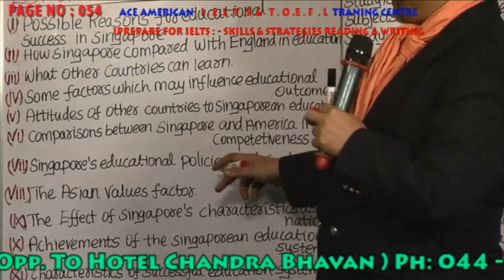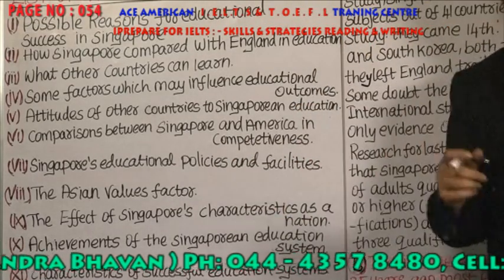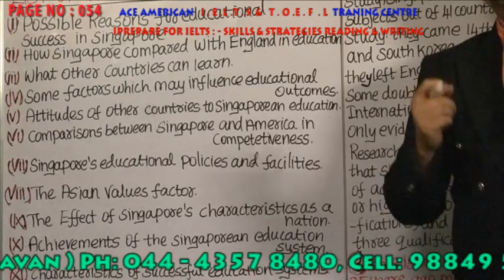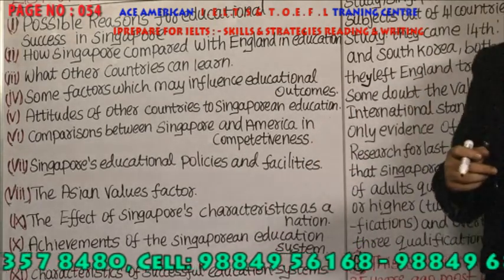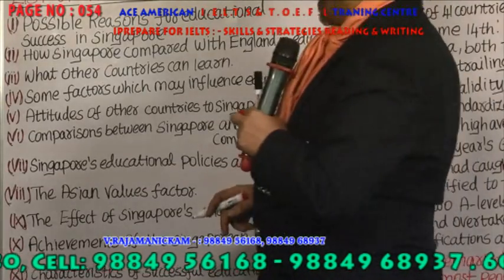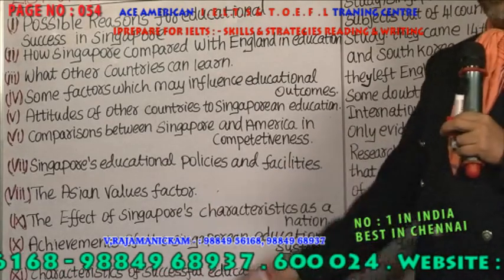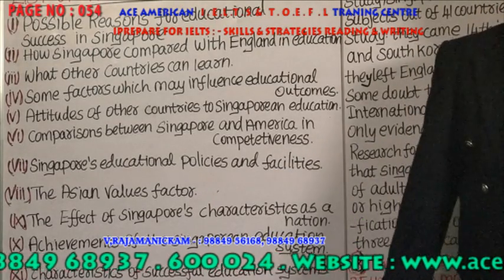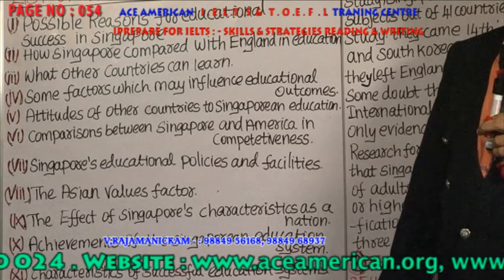The next is the 7th, Singapore educational policies and facilities. What are the Singapore's educational policies and facilities which are given there? And coming here to the 8th heading, the Asian values factor. What are the Asian countries? India is an Asian country, Pakistan, Bangladesh, Korea.